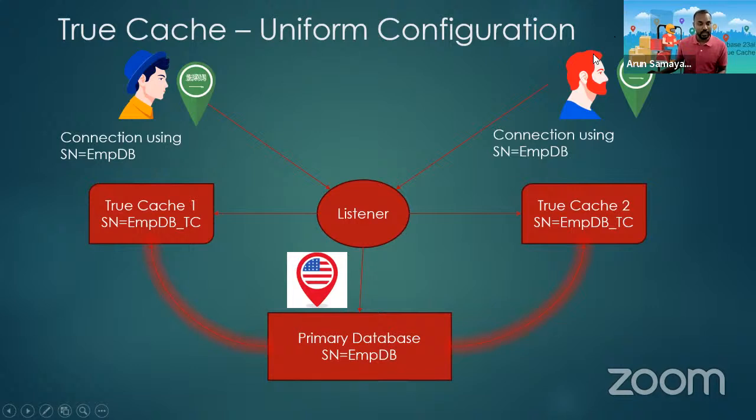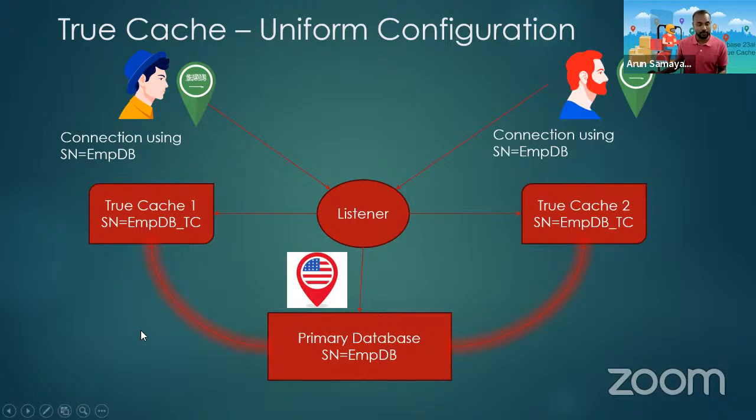Whenever connections are coming in from each one of these different users, because we have the TrueCache already set up, any data within the TrueCache, especially for read requests, given we have set the connection parameters, will be read from the cache.